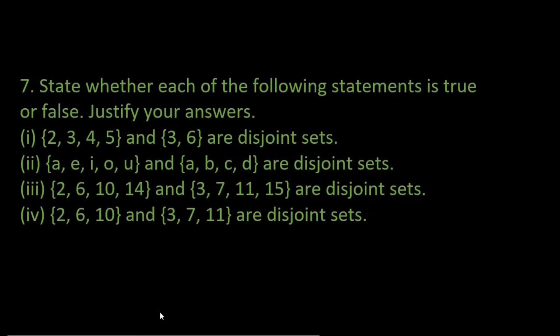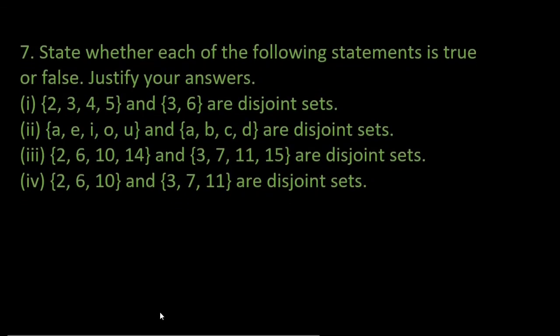Then the seventh one: state whether each of the following statements is true or false. Justify your answer. Disjoint sets means there should not be any common element between the given sets.